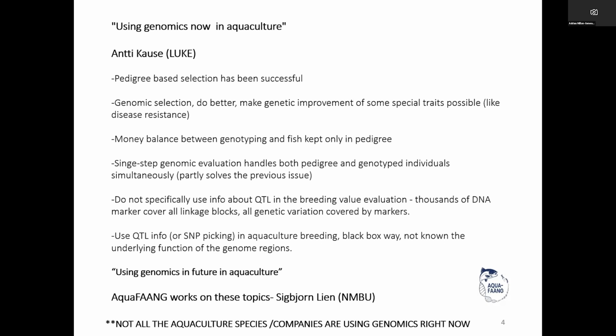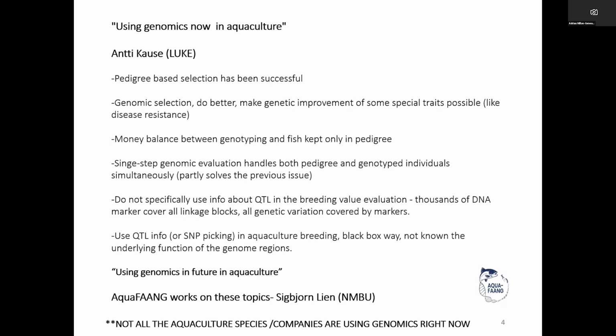For the future, AQUA-FAANG is working on these topics, as Sigborg was displaying. But I want to put the focus on another thing: not all aquaculture companies are using genomics right now. It's not easy to use genomics for some companies, and I will explain what we are working on with different companies.